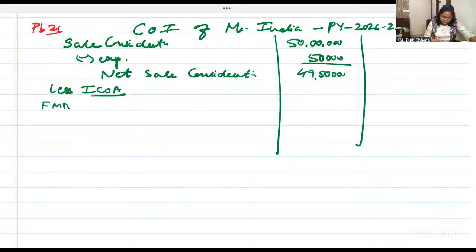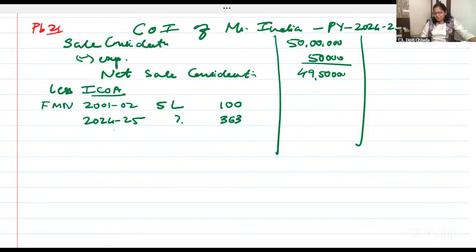So definitely we'll take the fair market value of 2001 and 2. That is 5 lakh. And now we are transferring in 24 and 25. 2001 and 2 it is 100 and 24, 25 now it is 363. So what was available for 100 has become 363.